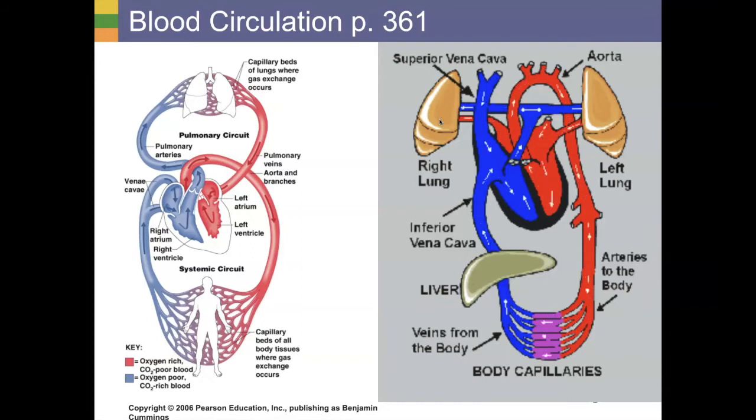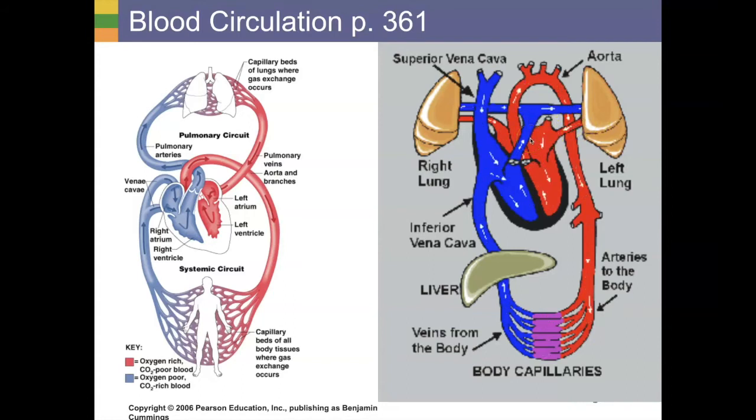It's going to pick up some oxygen, and then that same blood is going to go back from the right lung and the left lung, and it's going to travel into the left side of our heart.